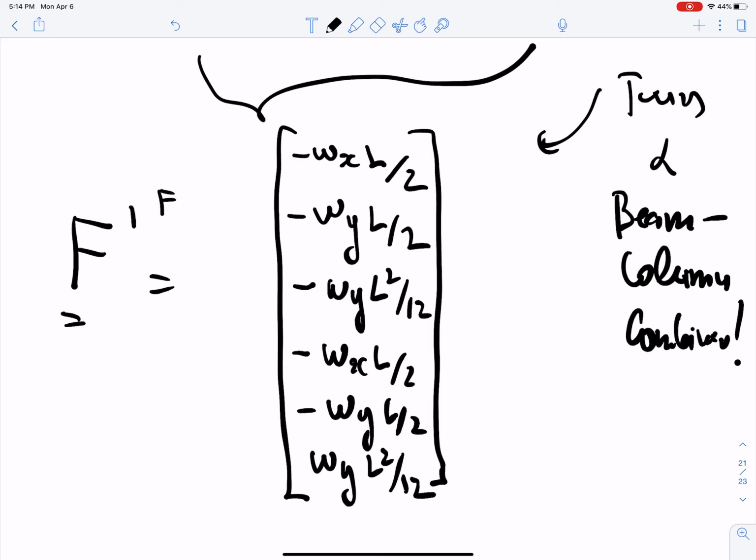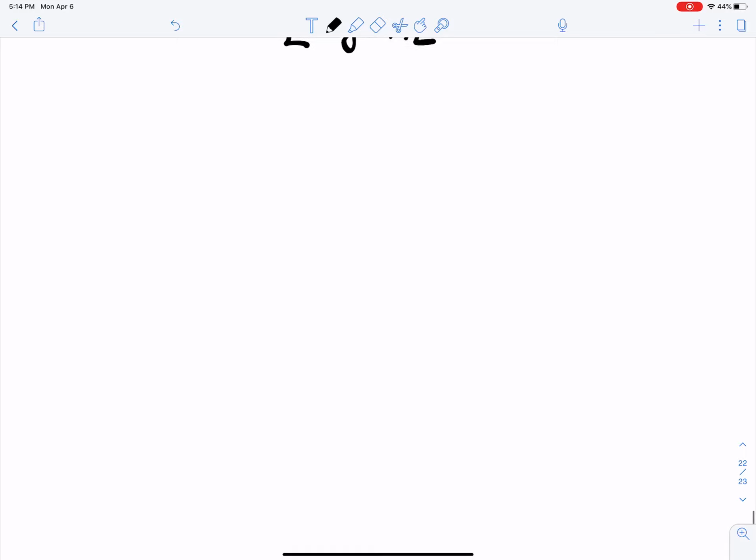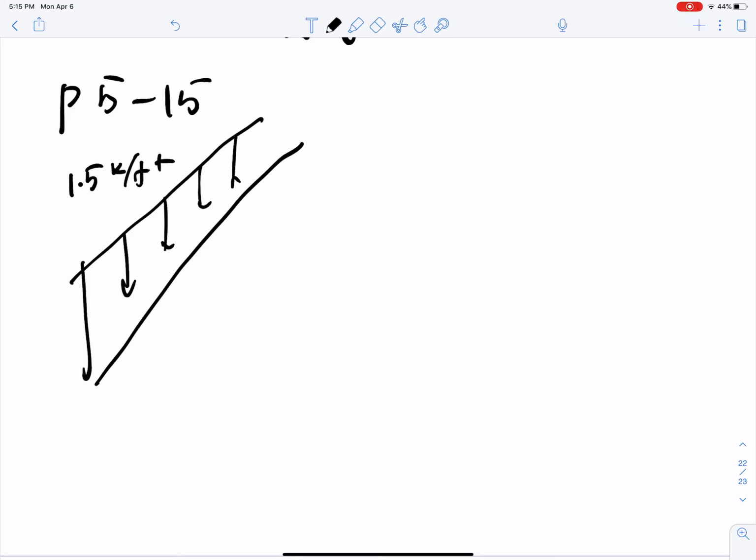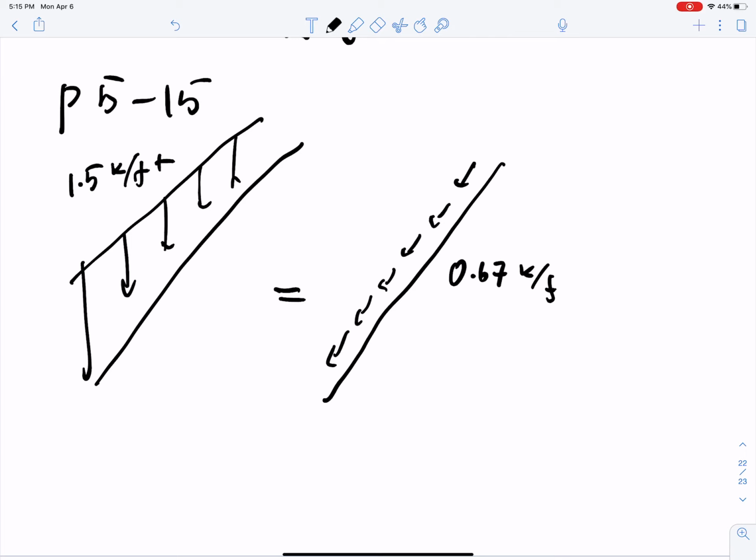Okay, so if you follow the notes, page 515, what you find is once you introduce your projections, if you have 1.5 kilopounds per foot, and the geometry that we use, we get a situation like this, where the x component becomes 0.67 kilopounds per foot.